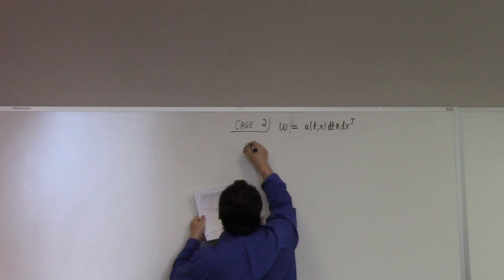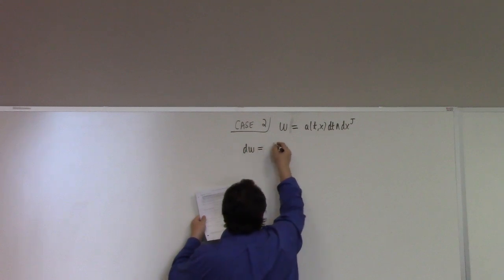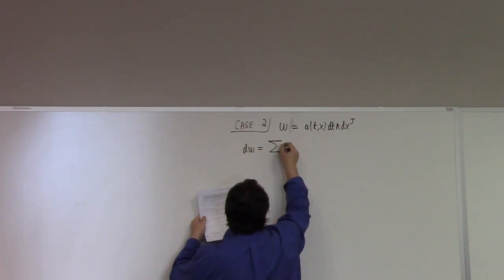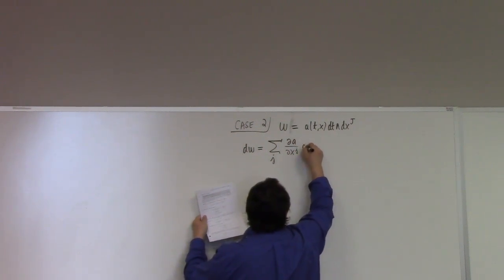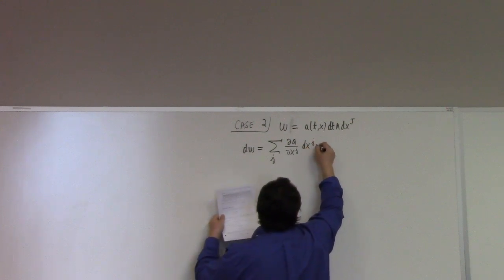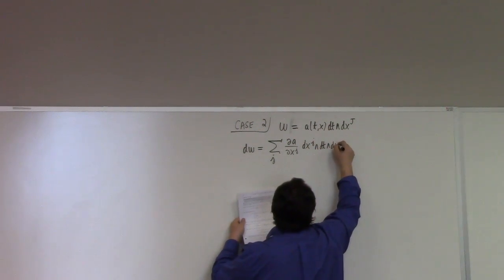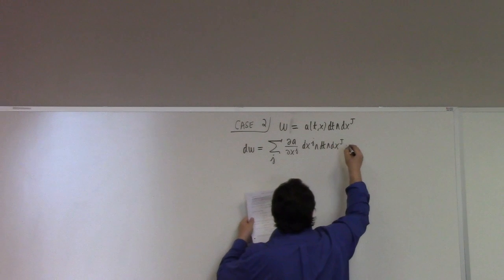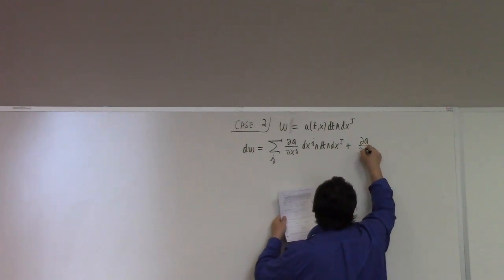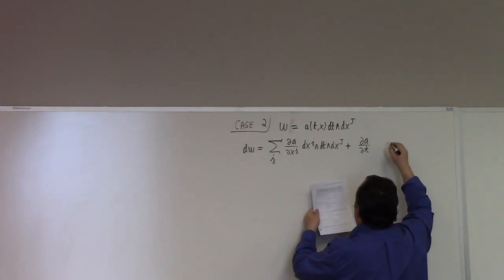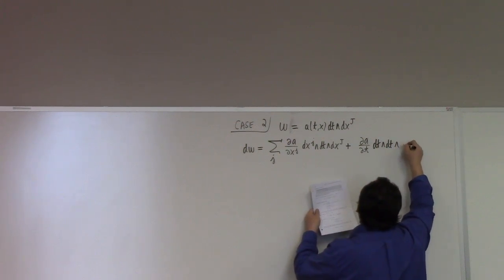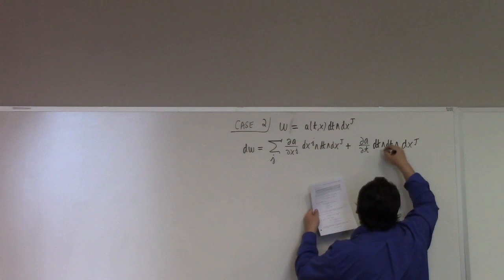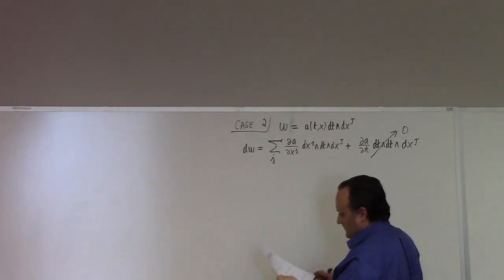And so this time d omega is the sum over j of partial a partial xj dxj wedge dt wedge dx big J, plus partial a partial t dt wedge dt. Yay, we like that. dt wedge dt is 0.